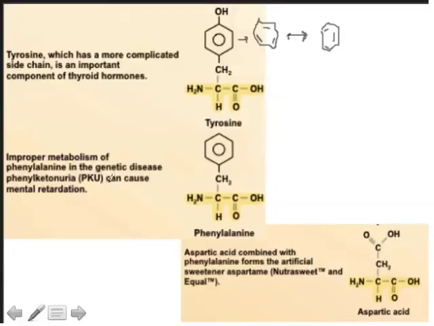The condition is known as phenylketonuria. It's one of the things that we can check for using amniocentesis before the baby is born, and we can prepare the parents for a life with that disease. Individuals with PKU have to avoid phenylalanine in their diet in order to avoid the effects of the disease.